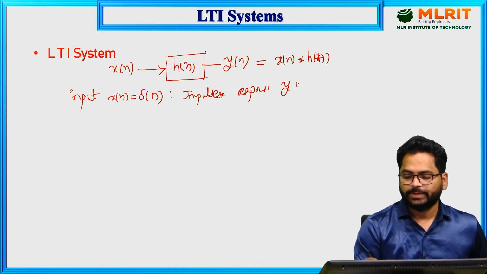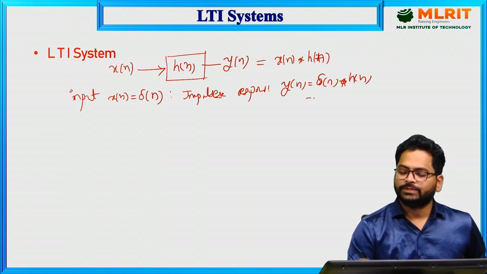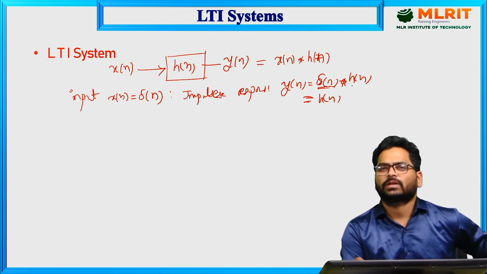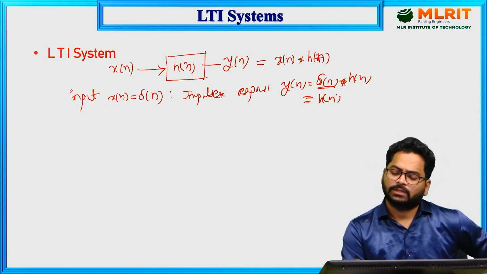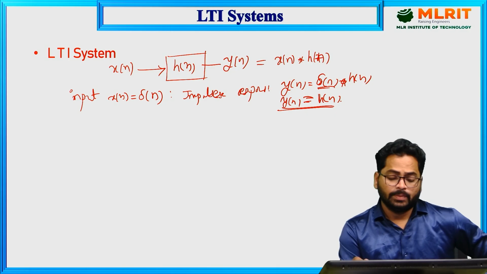Impulse response means y of n equals delta of n convolved with h of n, which is nothing but h of n, because we consider delta of n as 1 in the convolution process. So y of n equals h of n. This is the impulse response of the system.